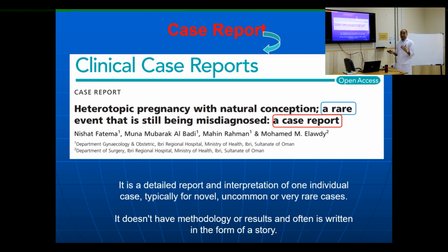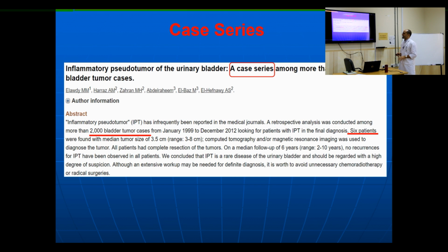Suppose that I have 4 cases, 5 cases. It will not be a case report. It will be a case series, exactly. Look at this example. Among 2,000 bladder tumor cases, don't bother about the technical terms, we have only 6 patients who had a unique diagnosis, inflammatory pseudotumor.